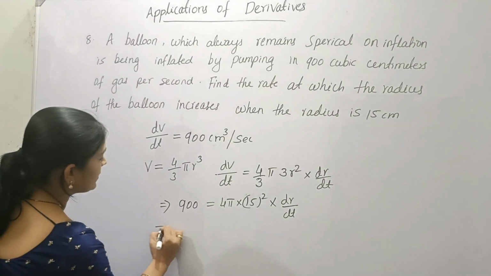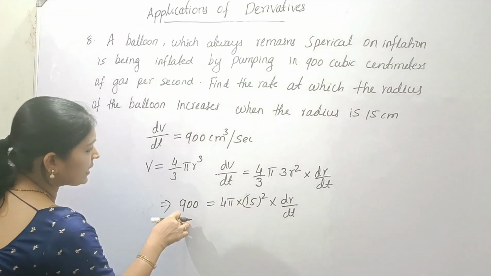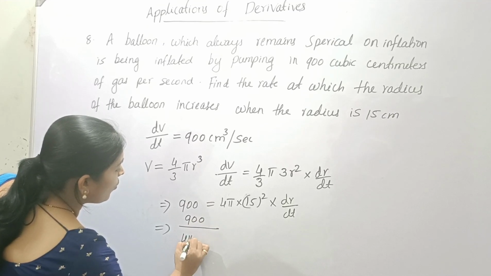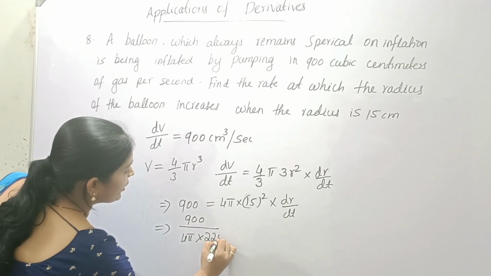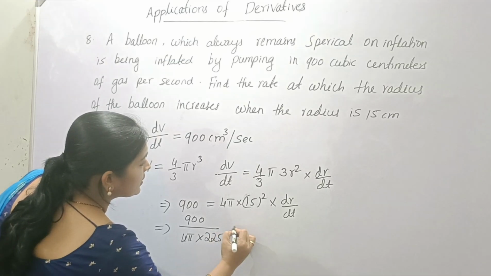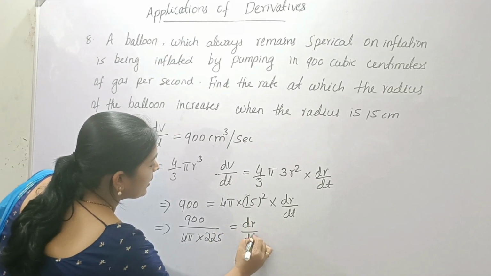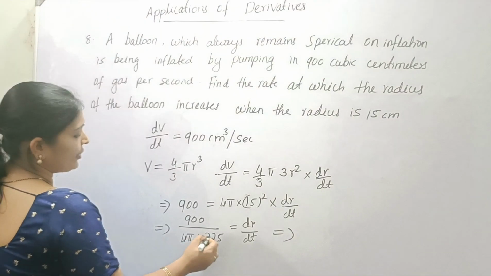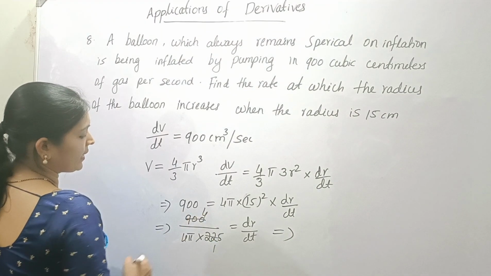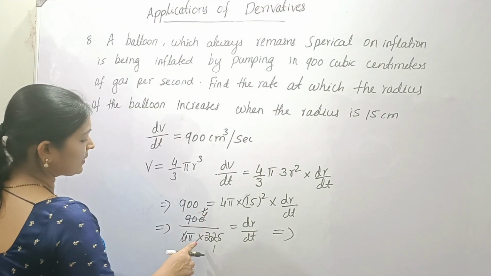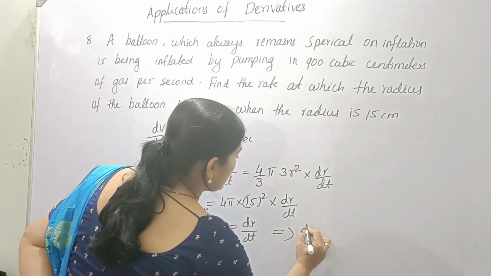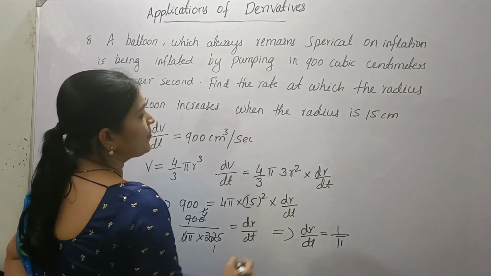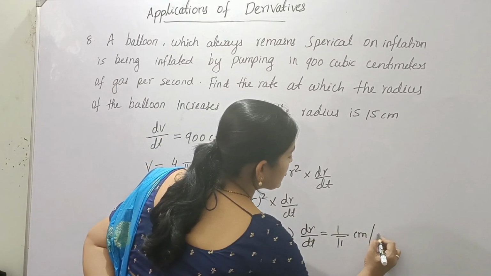Then 900 divided by 4 pi into 225 is equal to dr by dt. Here 225 times 4 is 900, cancelled, so 1 by pi. So, dr by dt is equal to 1 by pi centimeter per second.